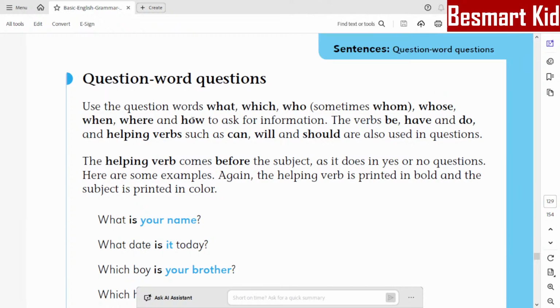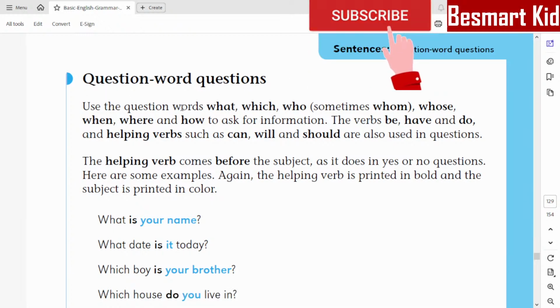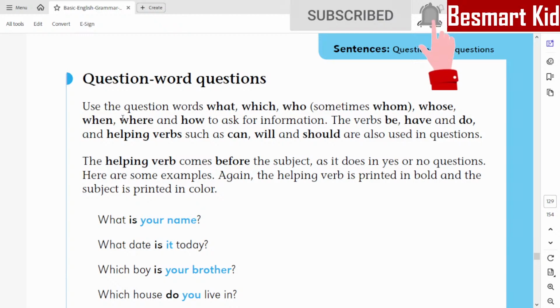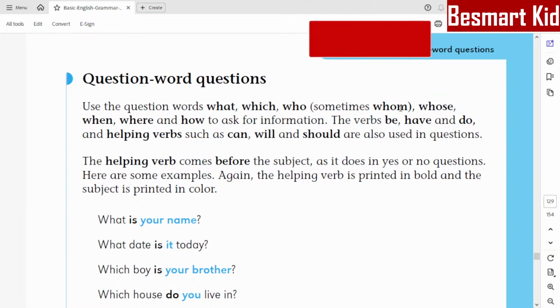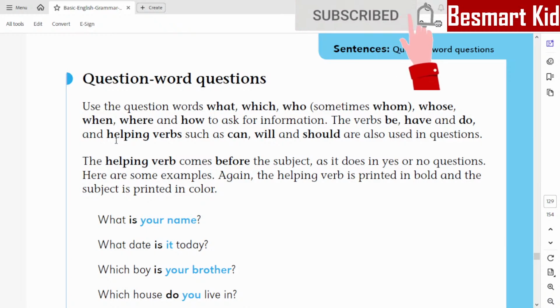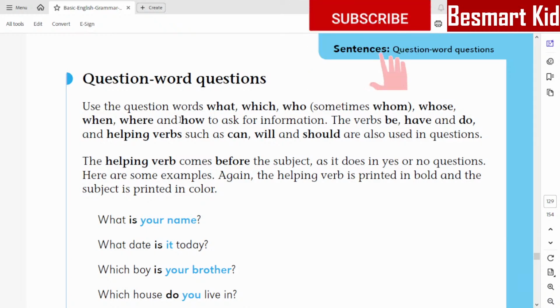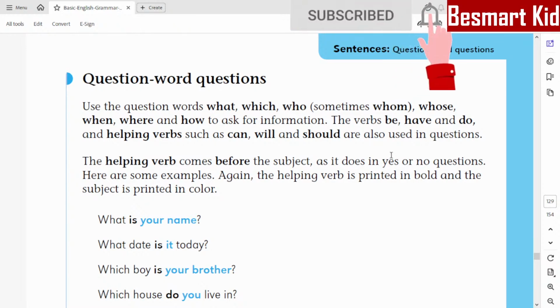Now we have question word questions. Use the question words what, which, who, sometimes whom, whose, when, where, and how to ask for information.